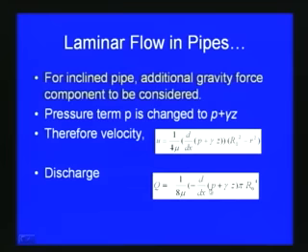The negative or positive sign for the pressure gradient comes depending upon the direction of the flow which we consider, so that will be taken care of with respect to the flow direction. Like this, we can calculate various parameters for inclined pipes.